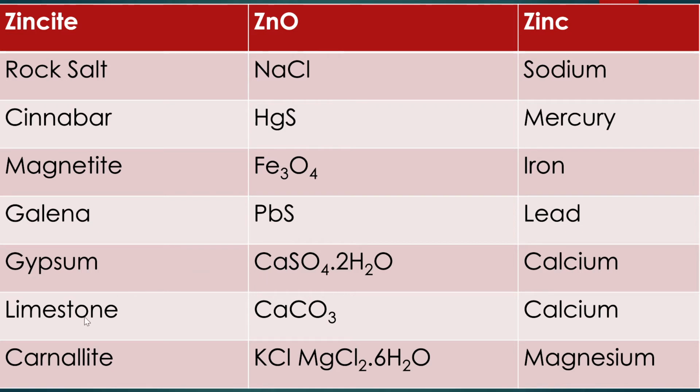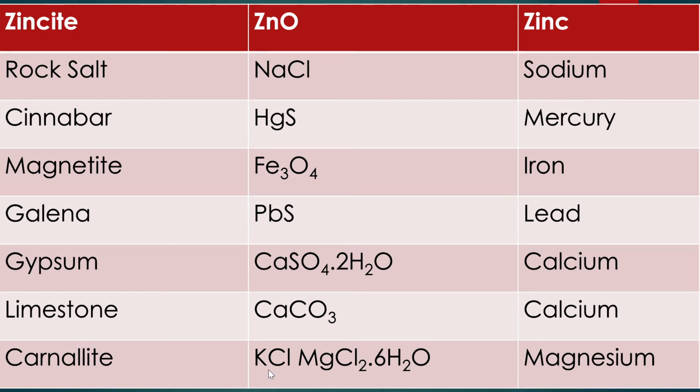Now limestone is the next ore, and the chemical formula of limestone is calcium carbonate, CaCO3, and the metal which you are extracting from limestone is calcium. And the last one is carnallite, and the chemical formula of carnallite is potassium chloride, magnesium chloride with 6 water molecules.